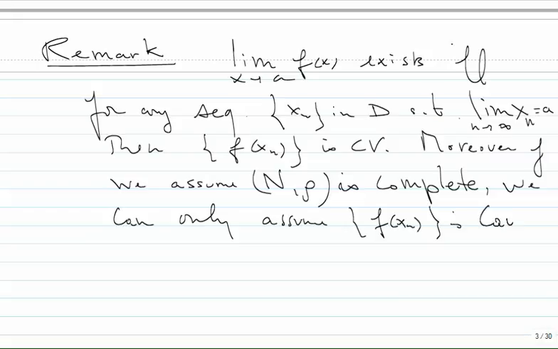In other words, in the case of complete, we know that convergent is equivalent to Cauchy. And as I said earlier in a prior web note, the advantage of Cauchy is that it doesn't have to exhibit the limit. It's only a property satisfied by the sequence itself. So if the sequence itself is Cauchy, then we know it's convergent.